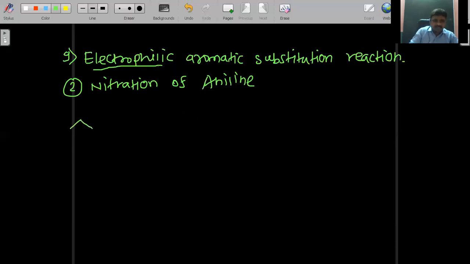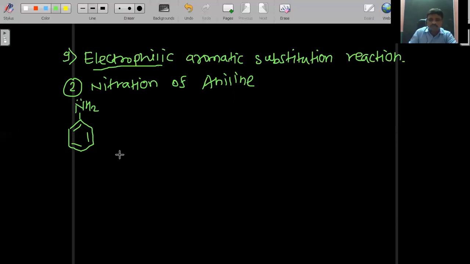Okay, so this is the benzene ring. To this benzene ring, NH2 is attached. Now we have to carry out nitration, and for nitration purpose we require NO2 group.